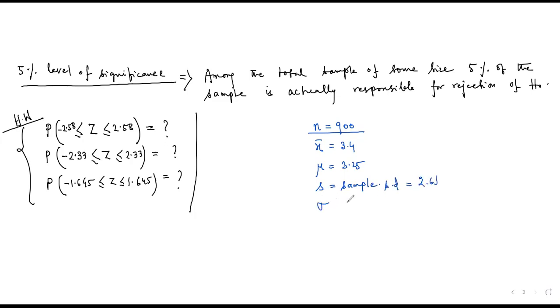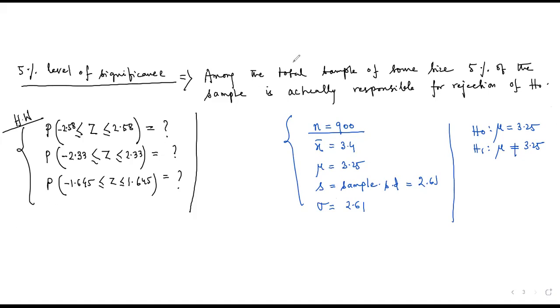Population standard deviation was 2.61, and we tested H0 when mu is equal to 3.25 and H1 when mu is not equal to 3.25. According to the sample, we found that our null hypothesis got accepted.